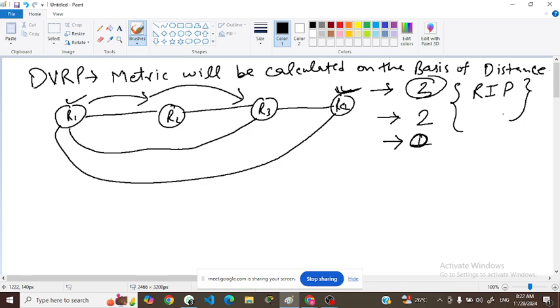Okay, so guys, metric will be calculated on the basis of distance. So DVRP always shares its entire routing table.